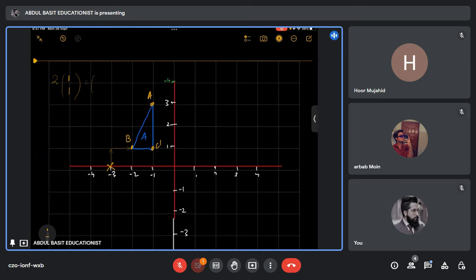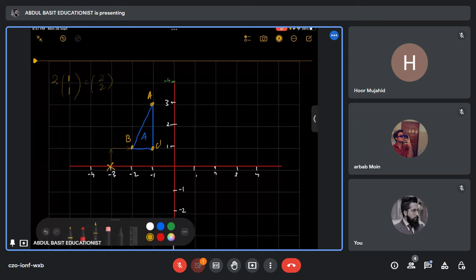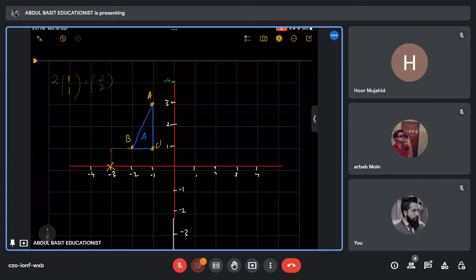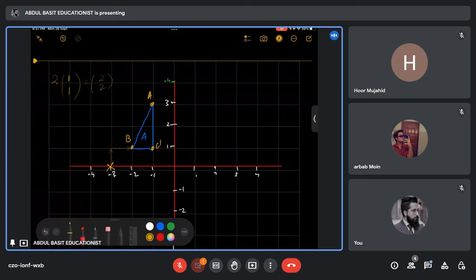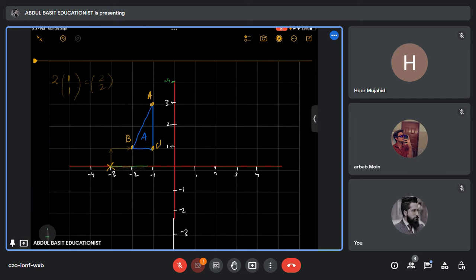The answer is 2, 2. So let's go 2, 2 from the center: 2 towards right, and 2 up. So this is my point, B dash.